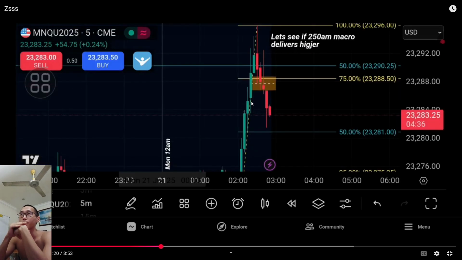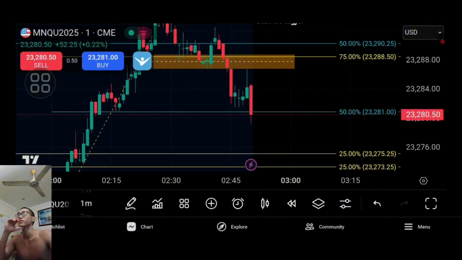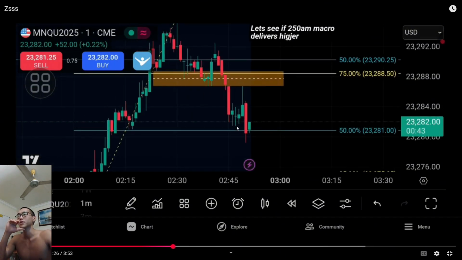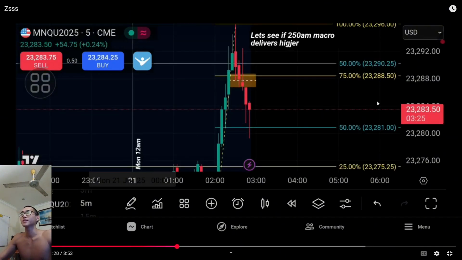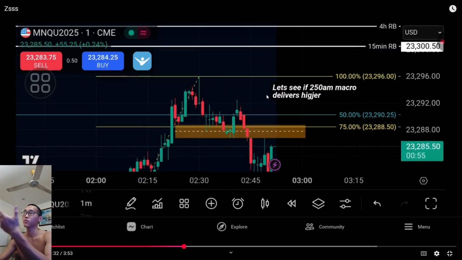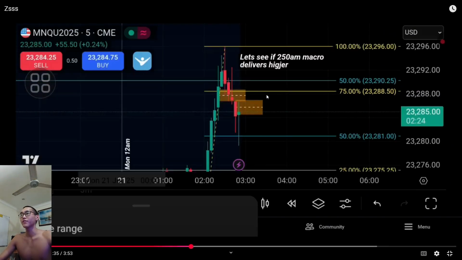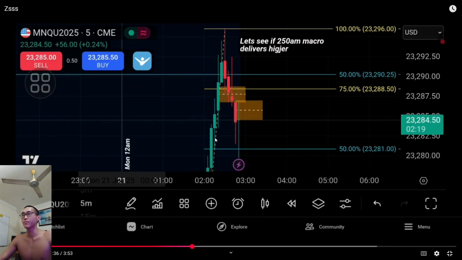It's the macro time. Macro time is when the PD arrays are really sensitive to price, and currently we have reached that 50%, which is the equilibrium point. So I'm waiting for a 5-minute low to form. At this point, you can see the 5-minute made the middle, the second candle of the low.